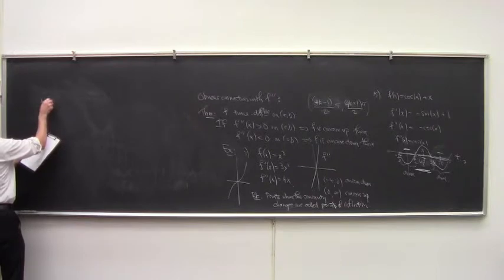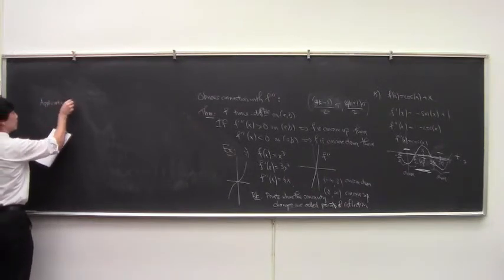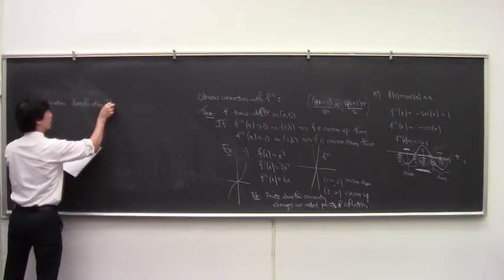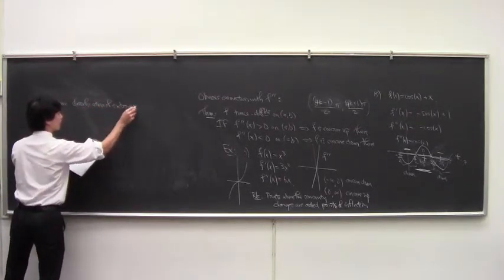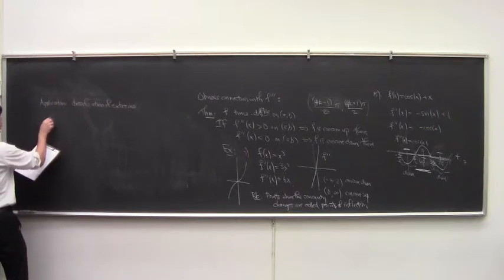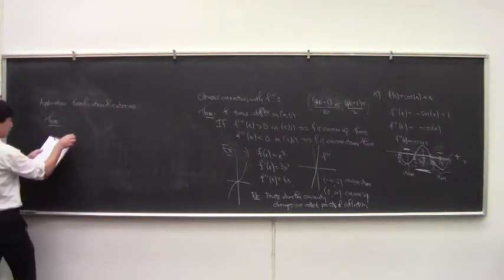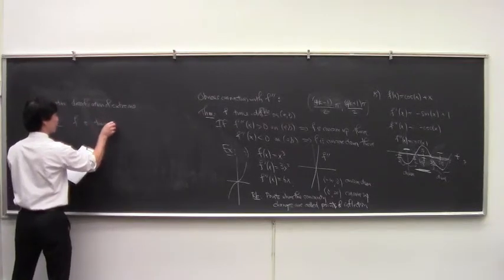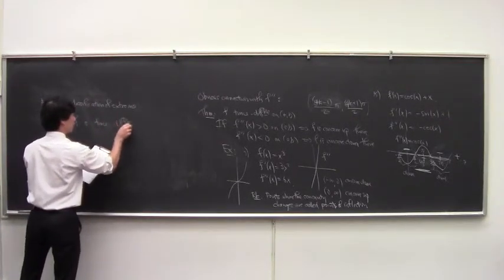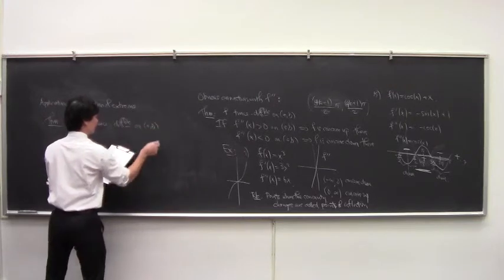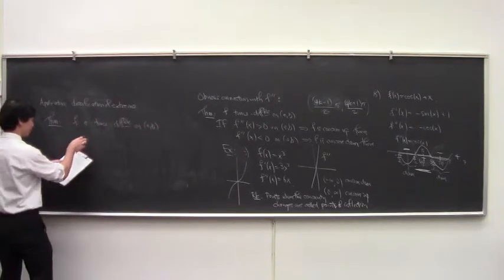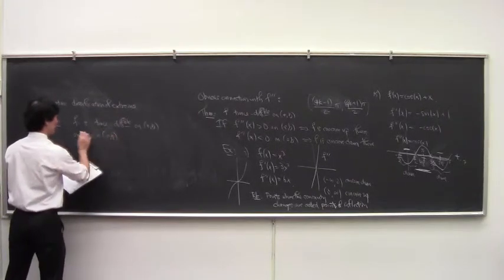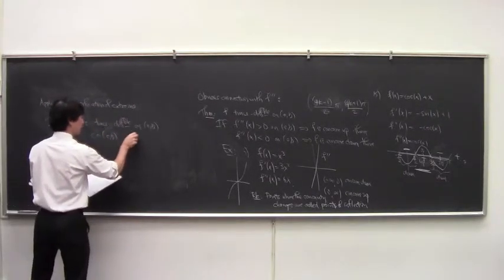So the application of this is the second derivative test, so classification of extrema. So here it is: if f is twice differentiable on (a,b), and c is in (a,b), and f prime of c is 0.